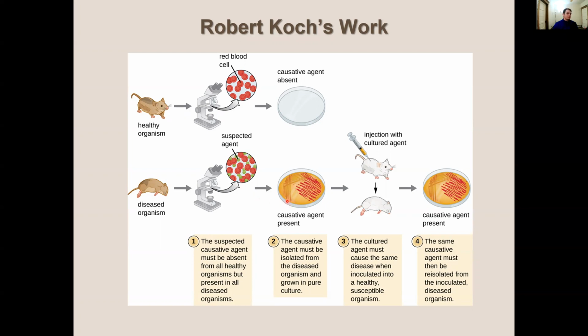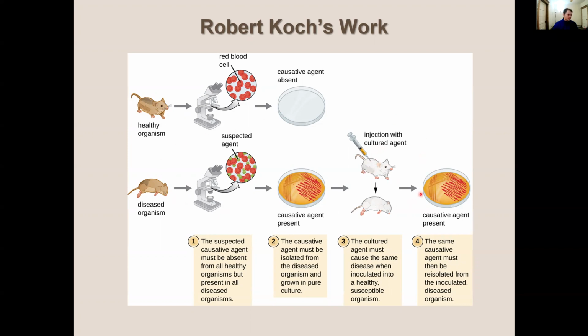But this was not enough to prove that this bacteria was actually causing the disease. It could have just been the result of the disease. The disease could be causing the microbe just as easily as the microbe could have been causing the disease. So he then attempted to isolate the microbe that causes the disease, and then reintroduce it into an animal to see if the animal would become ill.